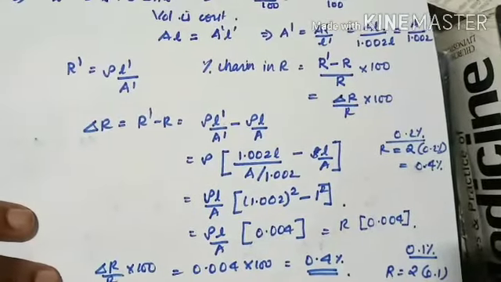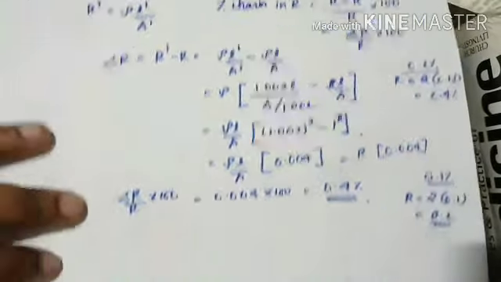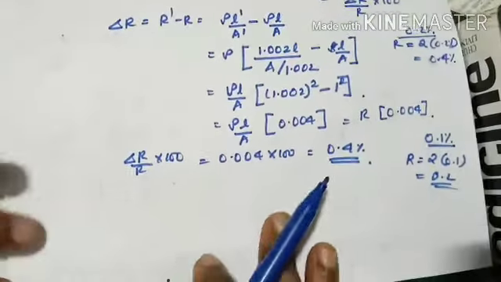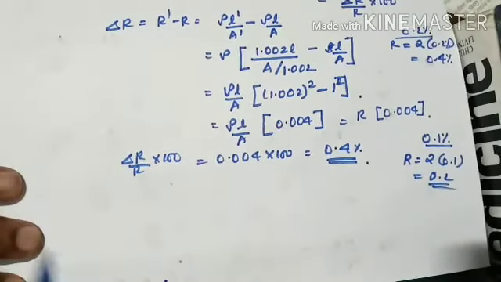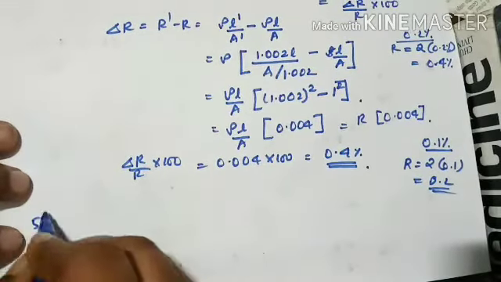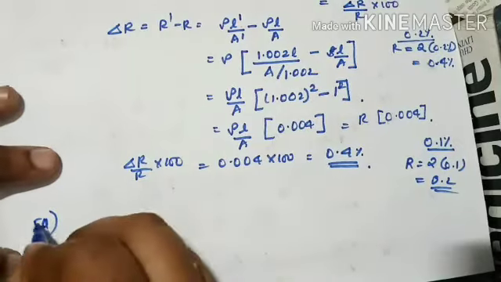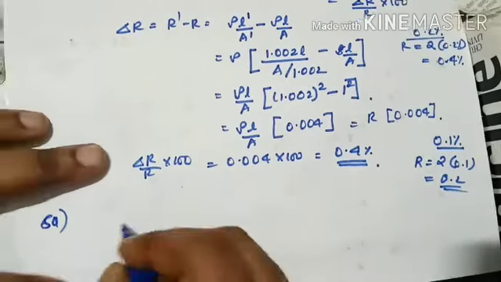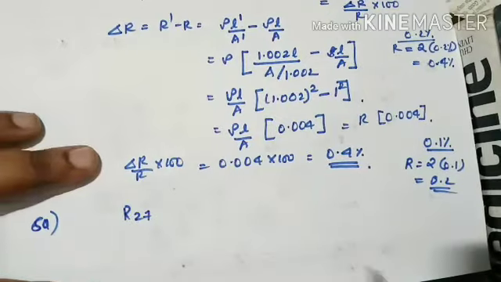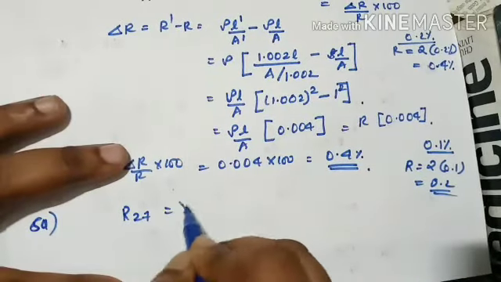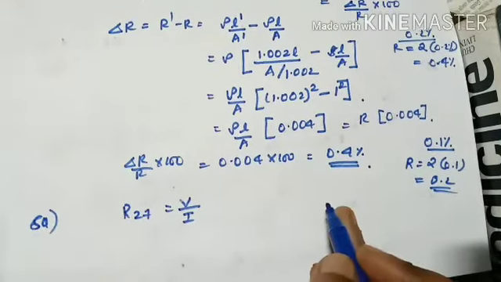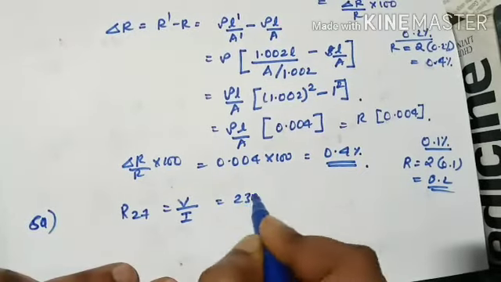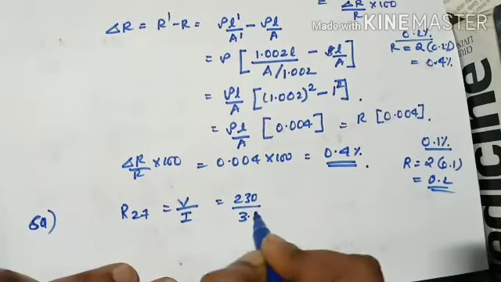Right. Now, what is the room temperature or the initial temperature or the reference temperature which you are given? That is 27 degrees Celsius. So at 27 degrees Celsius, the sixth question, the resistance, for common knowledge, by Ohm's law is 230 divided by current, which is given as 3.2.